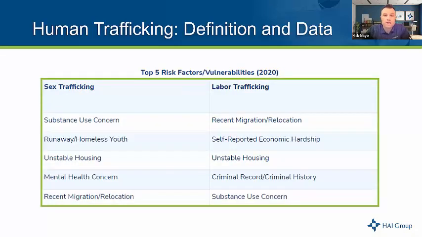Correlating with that data, the top 5 risk factors and vulnerabilities. When we look at the category of sex trafficking, we're looking at different instances of substance abuse, runaway or homeless youths, unstable housing, various mental health concerns, along with the recent migration or relocation of a family or an individual. Other risk factors or vulnerabilities for labor trafficking: again, recent migration or relocation, self-reported economic hardship, unstable housing, criminal record or criminal history, along with substance abuse concerns.